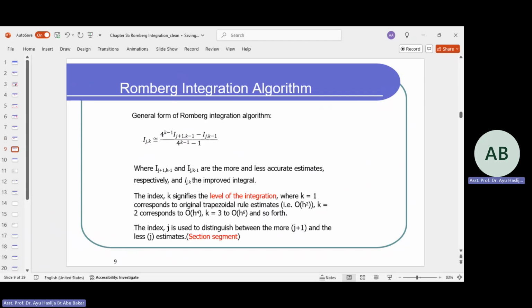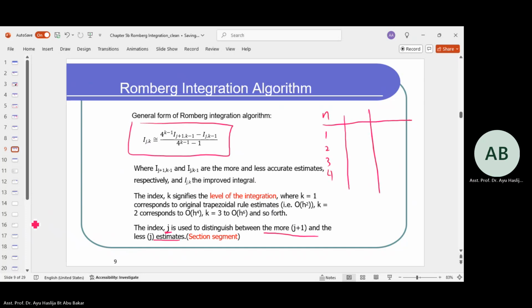This is the general Romberg integration algorithm equation. Now, the j and k over here. j is the estimation, where you have n. j means j equals 1, 2, 3, 4, and k is the level of integration. j goes downwards, k goes sideways.